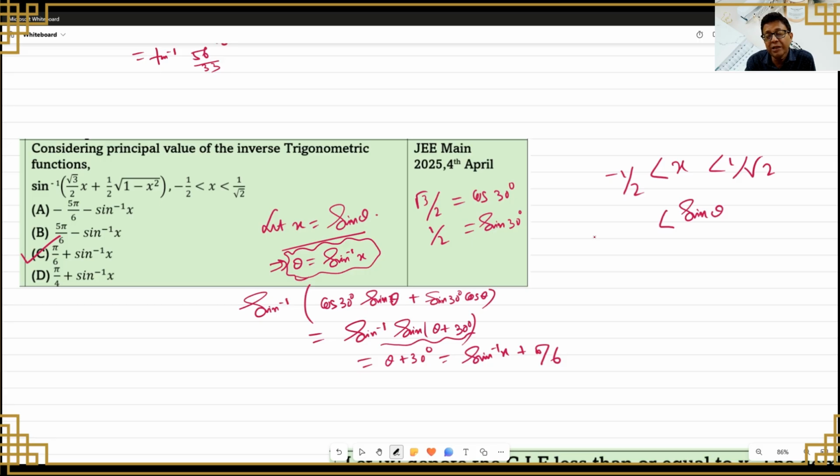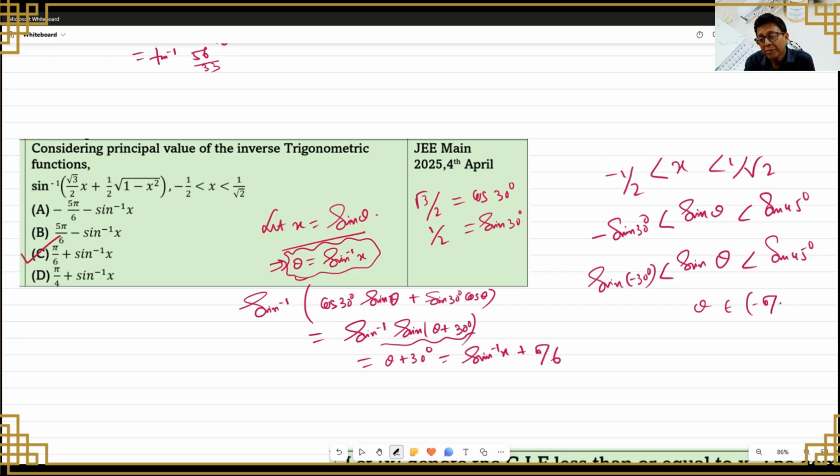Sin theta is greater than minus sin 30 and less than sin 45. So theta will be, sin theta you write once more, greater than minus sin of minus theta. So theta is lying in which interval?